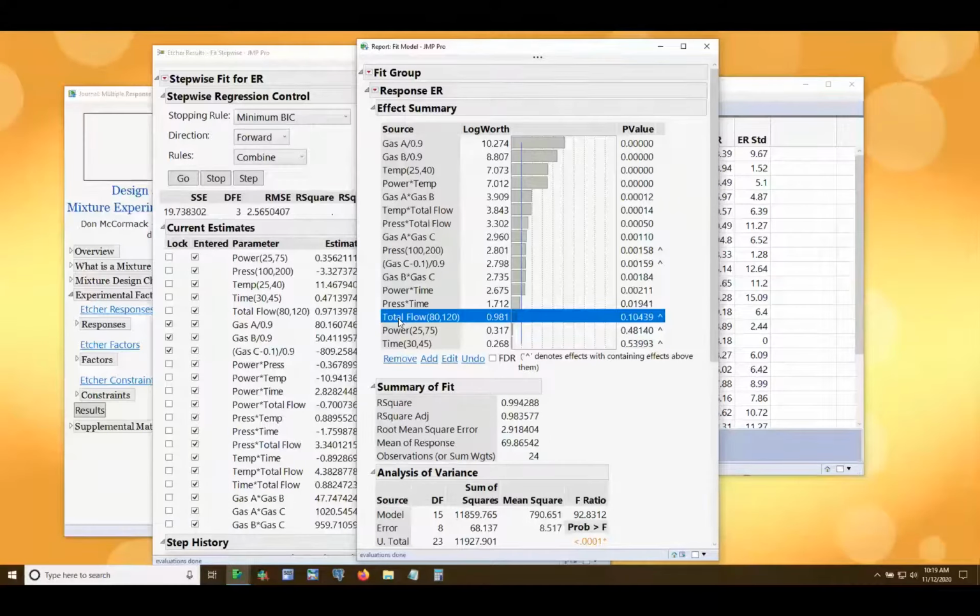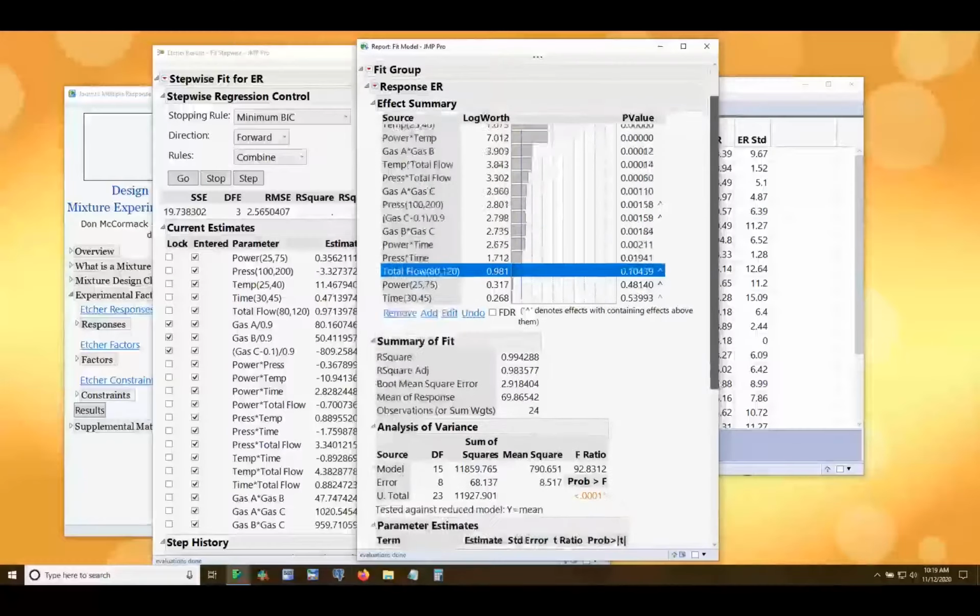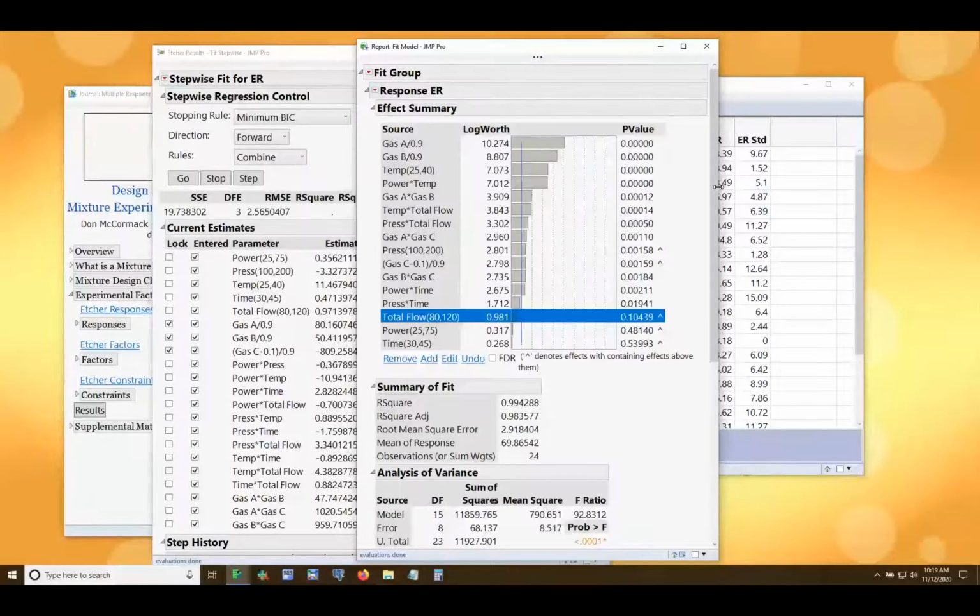Once the model is fit for both of my responses, I would turn on my profiler and my desirability functions and optimize in the same fashion. It's just a question of whether or not I want to clean up my model a little bit, maybe remove the things that don't have such a large effect and make it simpler, or just focus on the profiler.